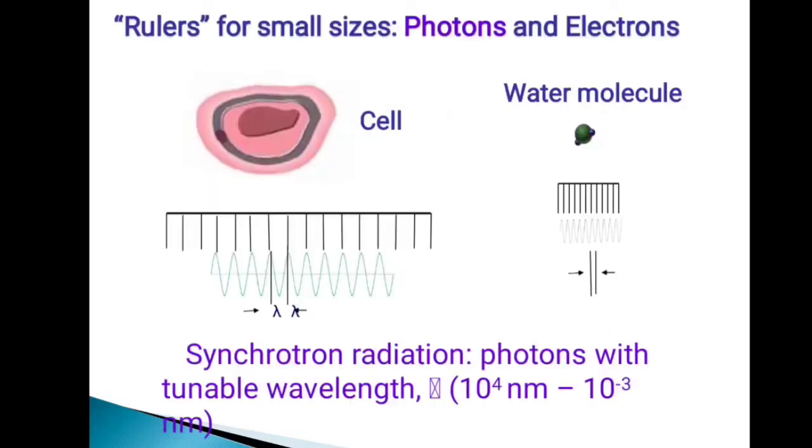The rulers for small sizes, photons and electrons: first, how the X-ray penetrates in a cell and also in water molecules. In cells like soft tissues, it has a higher wavelength, but in water molecules it is a very small wavelength. The synchrotron radiation is equal to photons with a tunable wavelength from 10 to the power 4 nanometer to 10 to the power minus 3 nanometer.